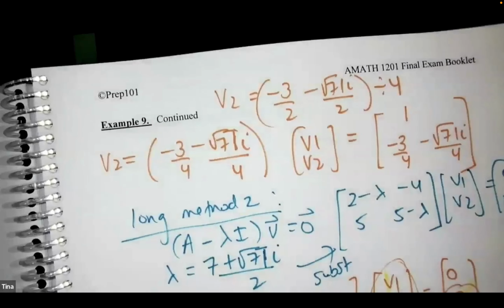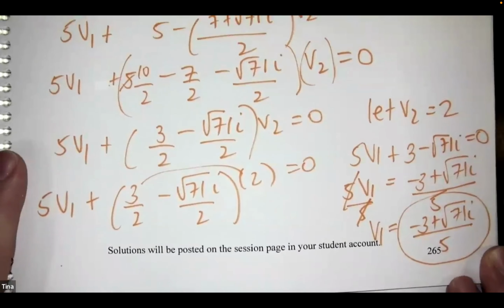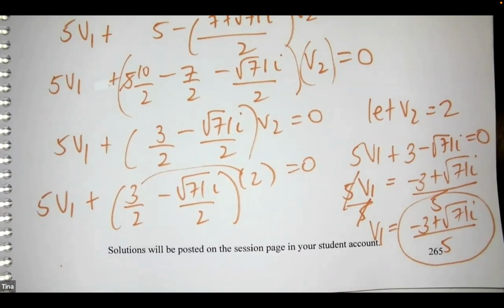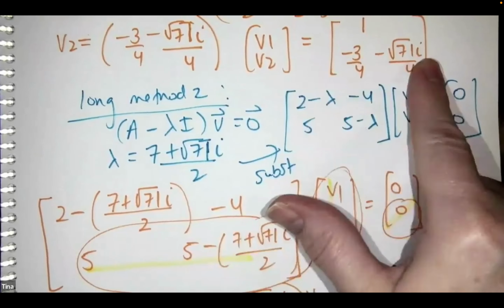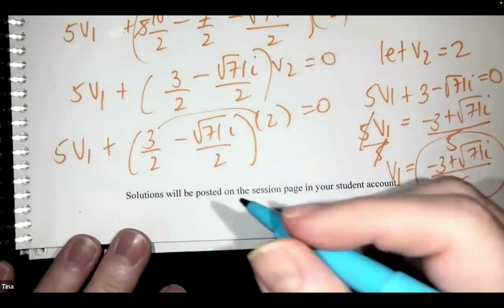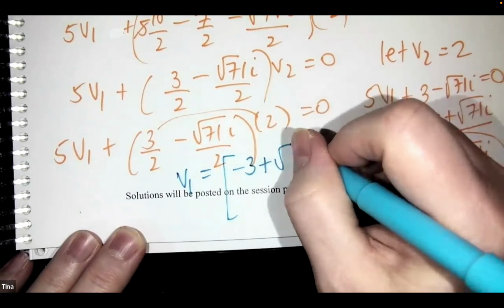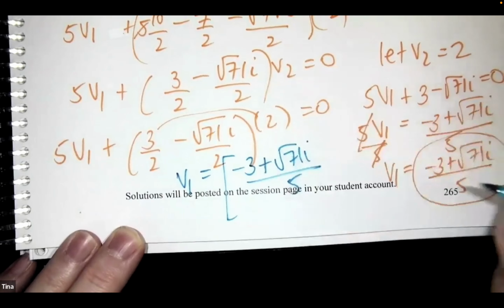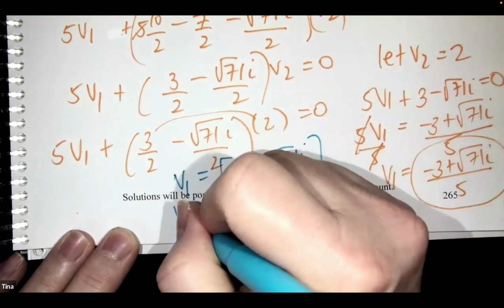All right, I'm going to have to check that after just to make sure. Of course, they're going to look different because I used two different methods, right? We've got the i's in different places. So this one has v1 as 1, v2 as this i on the bottom, this one's the opposite, right? And v2 was 2. Oops, that's our v1, v2.